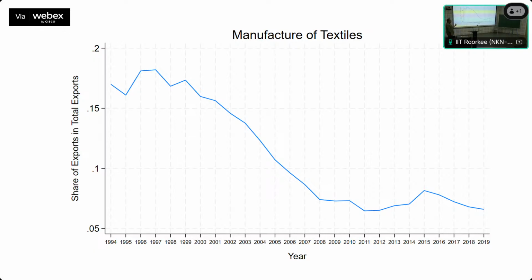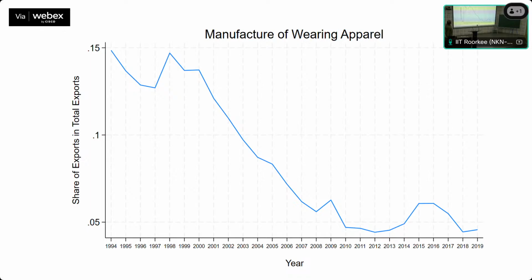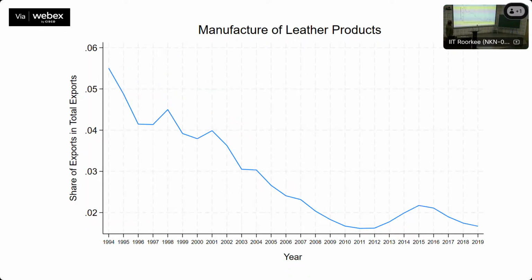So India couldn't compete with China in the world export market in textiles, and it's very much similar if you look at apparel. In leather, you can see the kink is actually in 2001. It is going up, China hits the market, and then a huge drop.